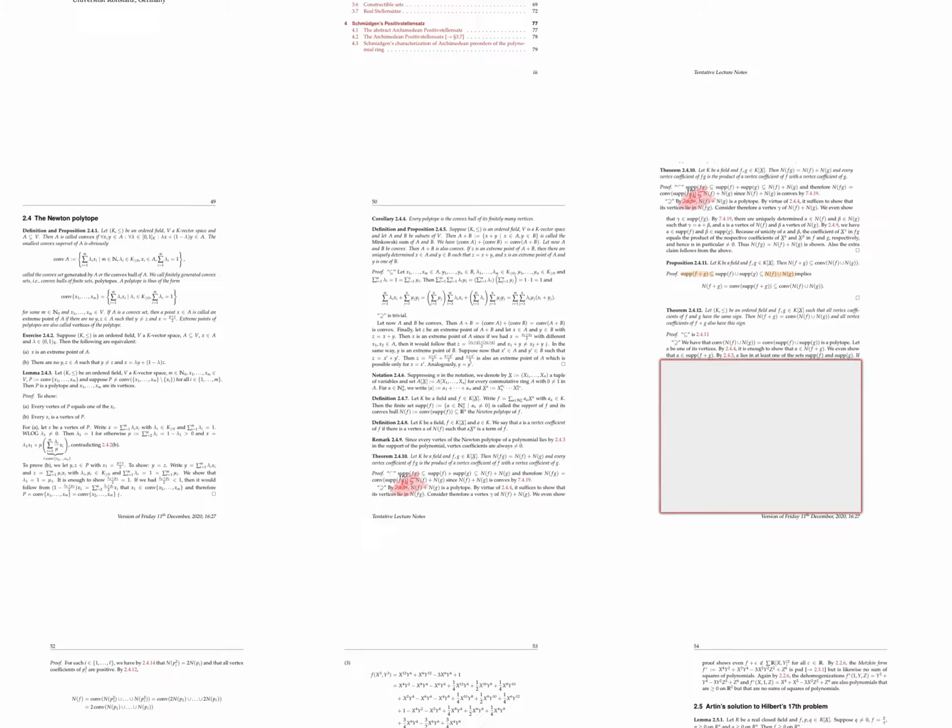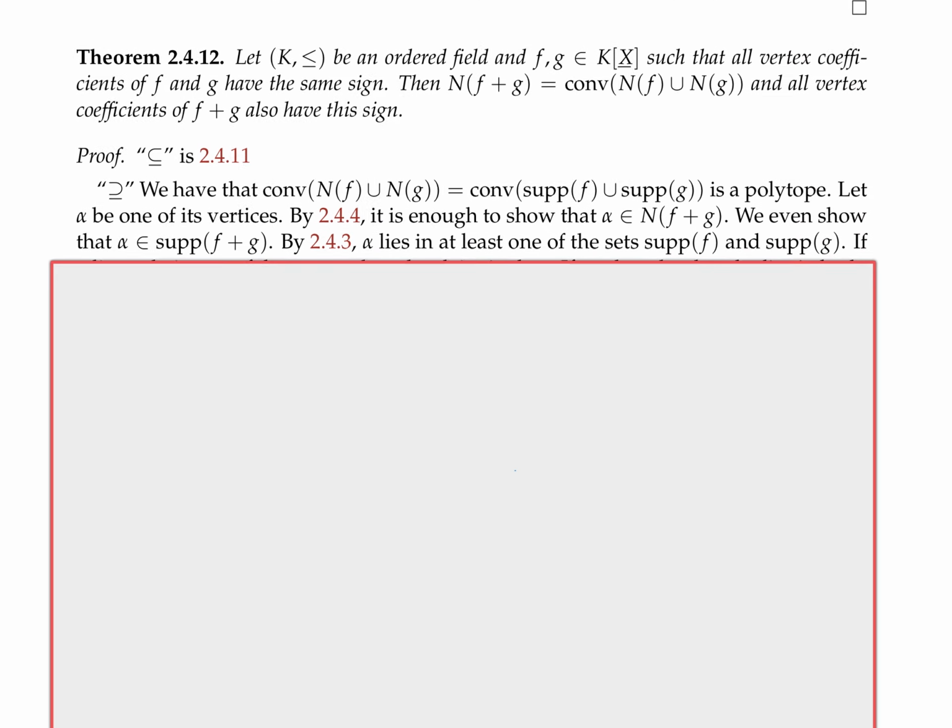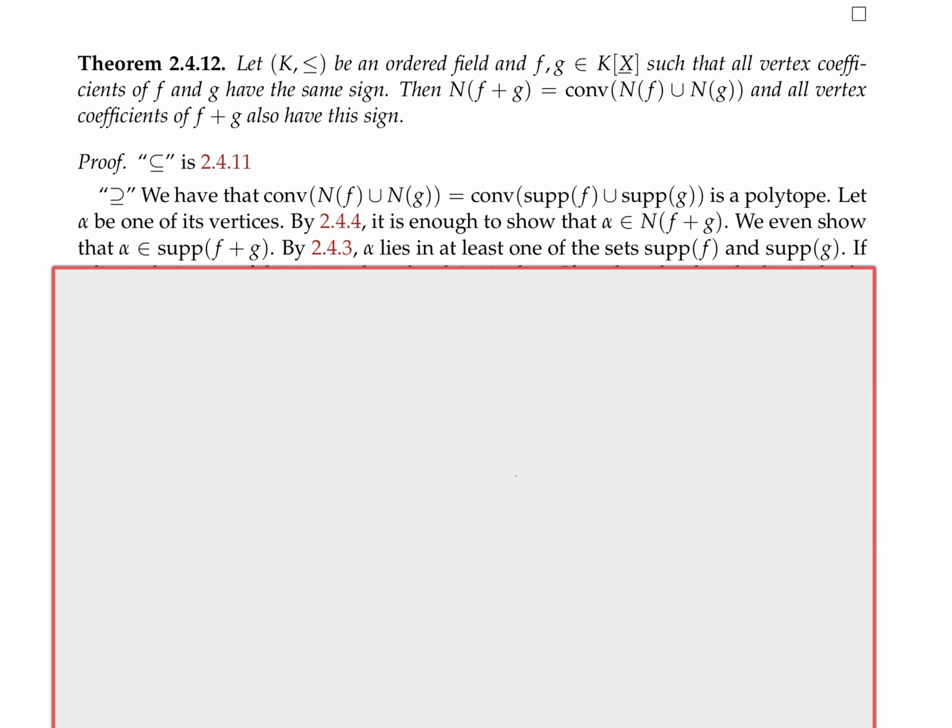Okay, so alpha lies in at least one of the sets support F and support G.